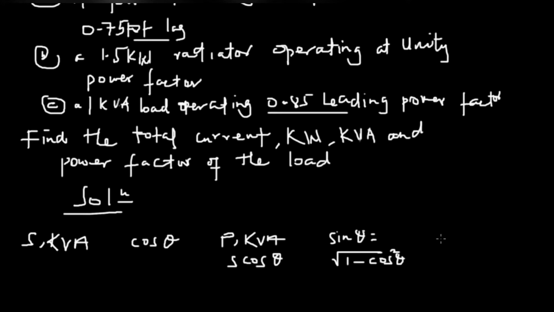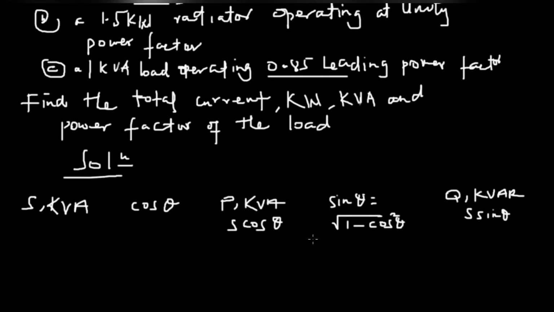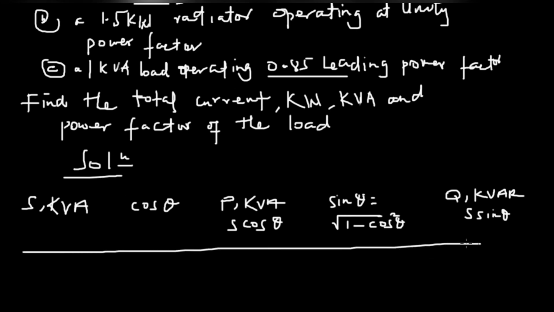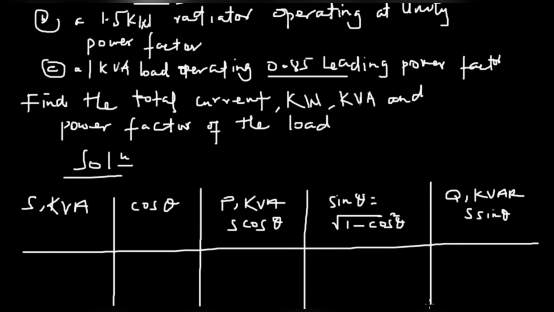Then we have our Q, which is in kVAR, and the general formula is S sin theta. Right, so this is very important. Let's draw these lines. Right, so we've first been given what?